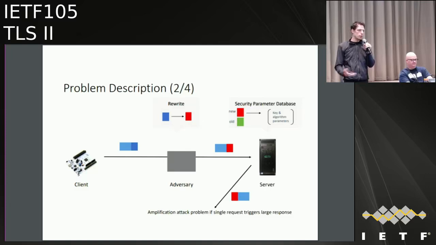And so he changes it to redirect the traffic to some remote server. In case there is an asymmetry between the traffic that goes from the client to the victim, this adversary is able to make an amplification attack. That's obviously a problem.